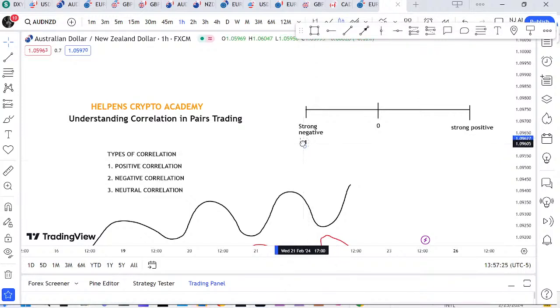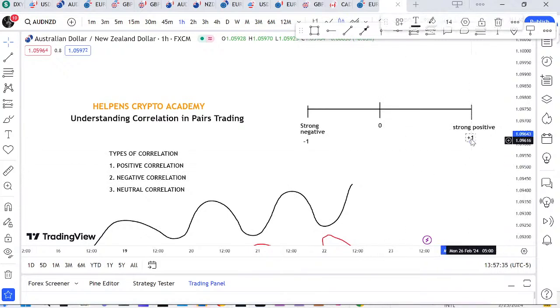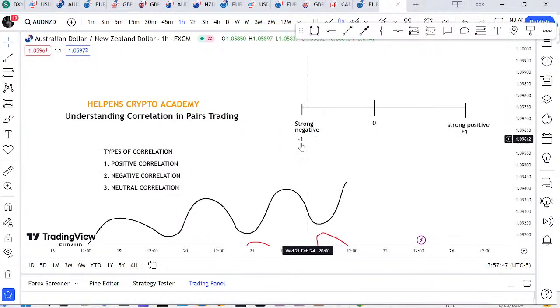The strong positive is plus one, while zero is no correlation or neutral. So this is the correlation coefficient for positive correlation and negative correlation.